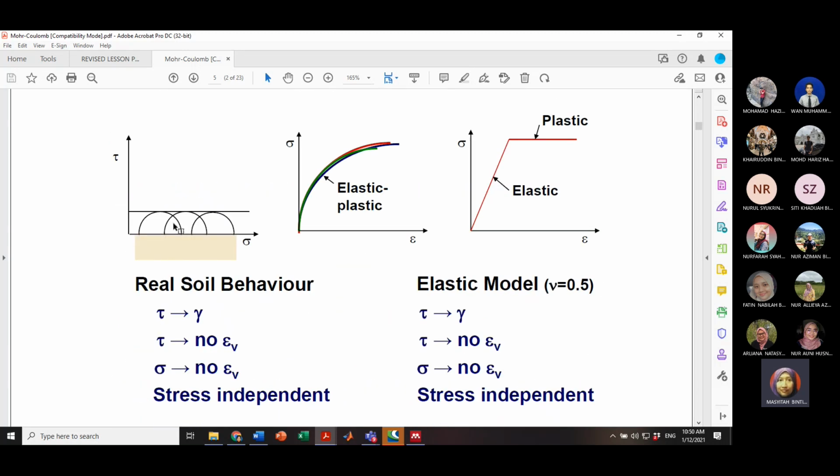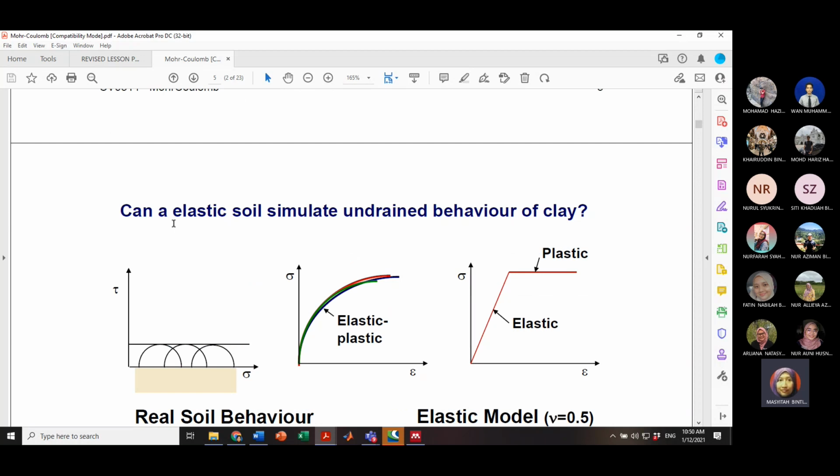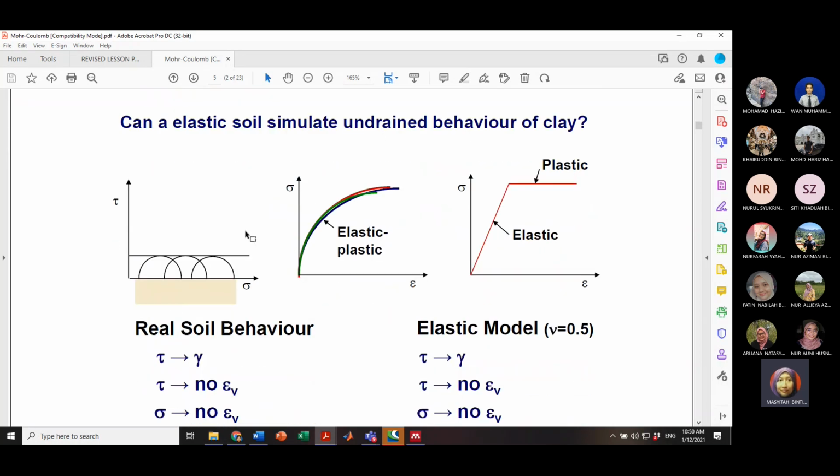In the UU case, for example the undrained behavior of clay, you will see that the maximum shear stress for all Mohr-Coulomb samples will be similar. That's why when you plot, this is non-linear, and they produce the same Young's modulus like here.